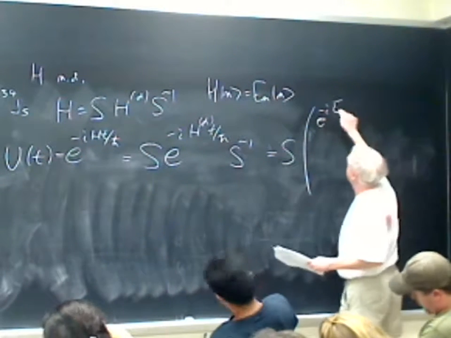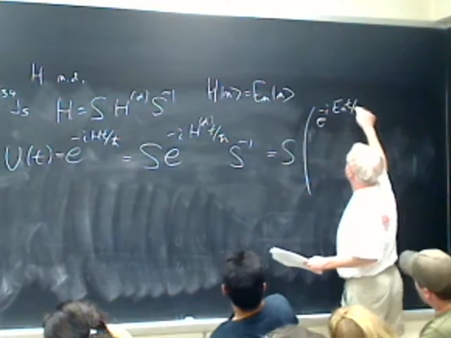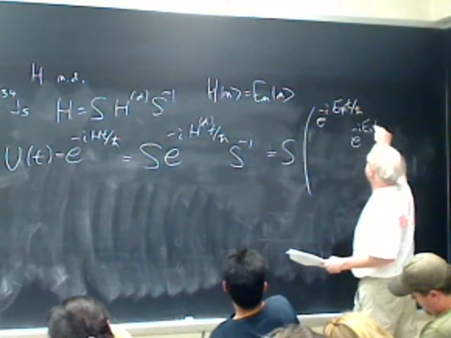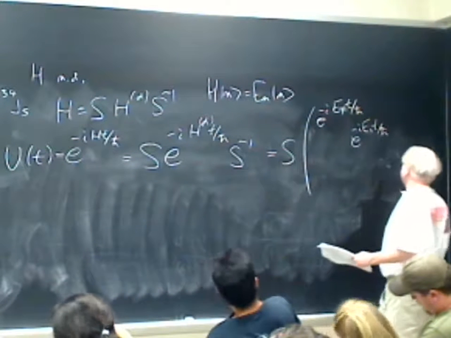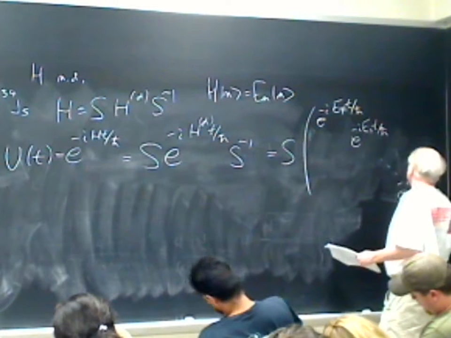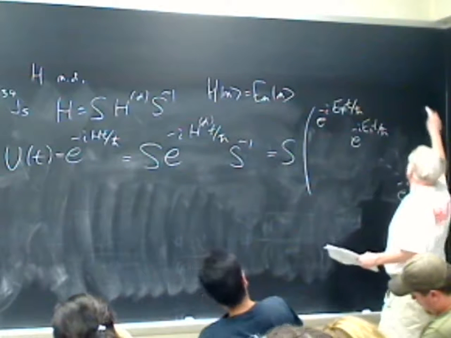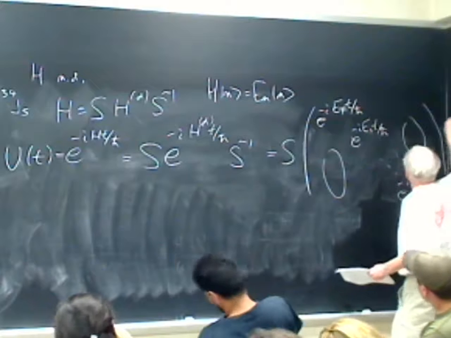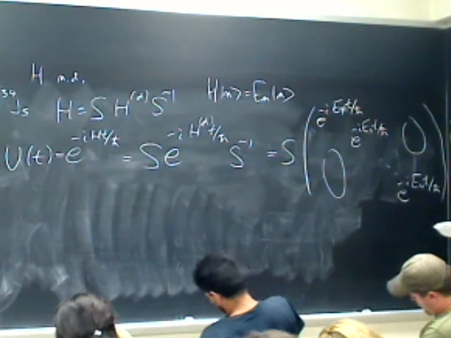Then this is e to the minus i E1 t over h bar, e to the minus i E2 t over h bar, down to e to the minus i En t over h bar. Zeros elsewhere. And S inverse. Okay, so that's the way we look at that.